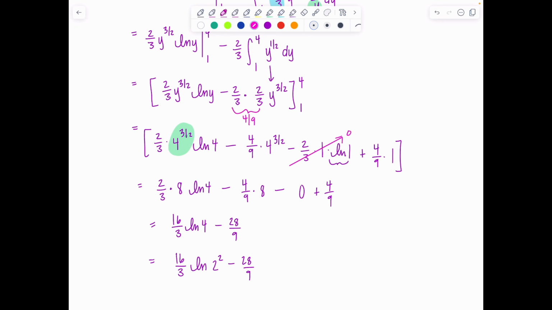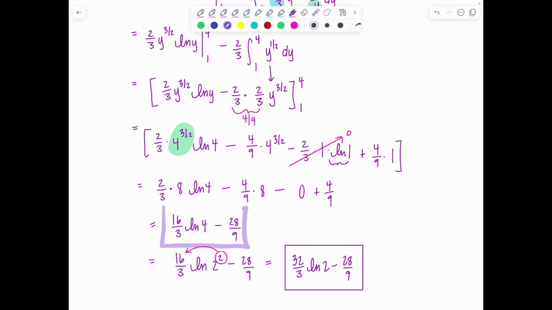And then they just moved this 2 in the front and made it 32/3 natural log of 2 minus 28/9. That's really the most simplified answer. I didn't deduct points, though, if some students stopped there. I was rather proud of them. But the ones who took it that extra step, oh me, oh my, they are just too fabulous.